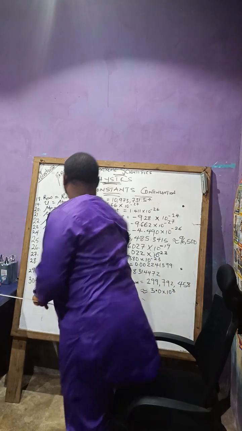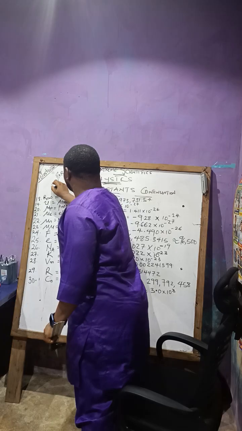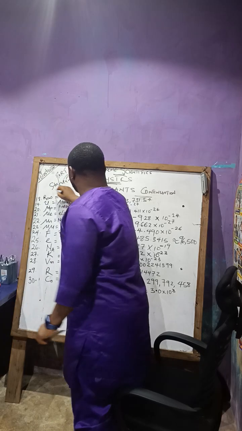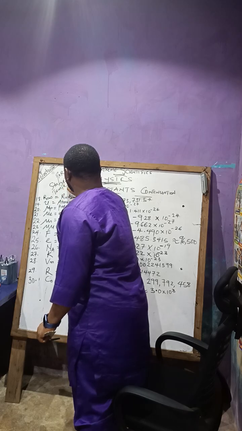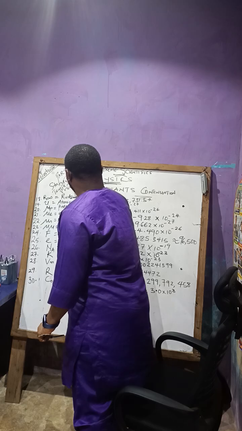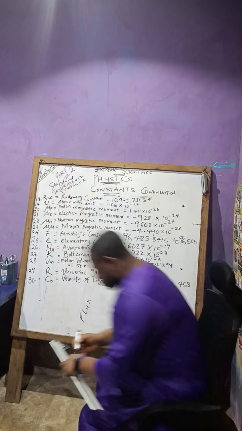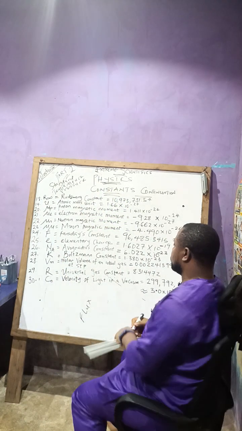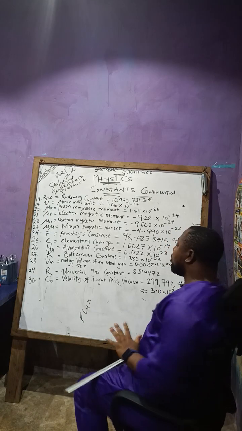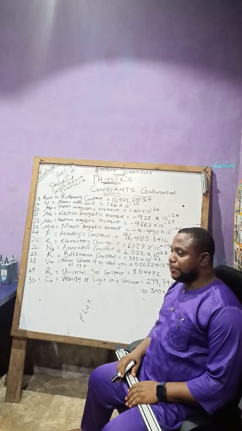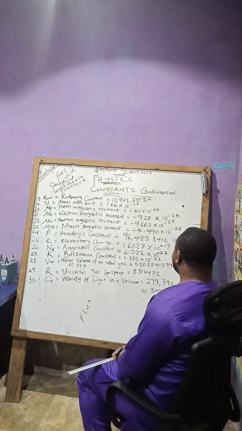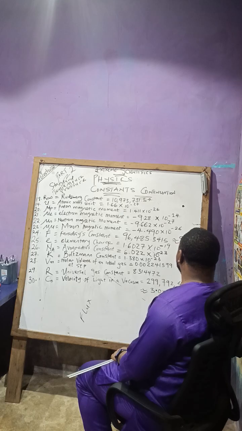When you see STP, it means standard temperature and pressure. So the molar volume of an ideal gas at STP is equal to 0.0224139.